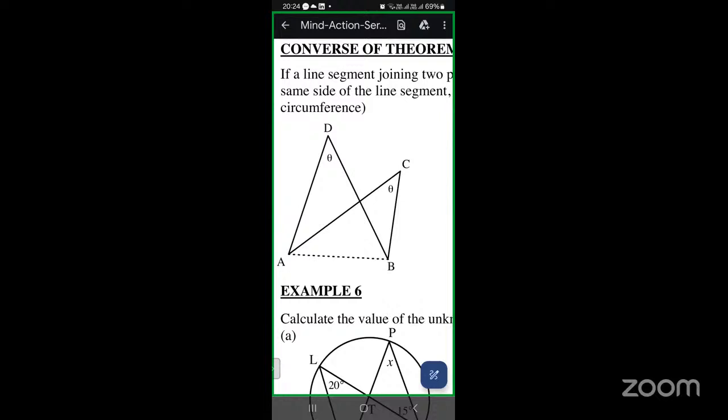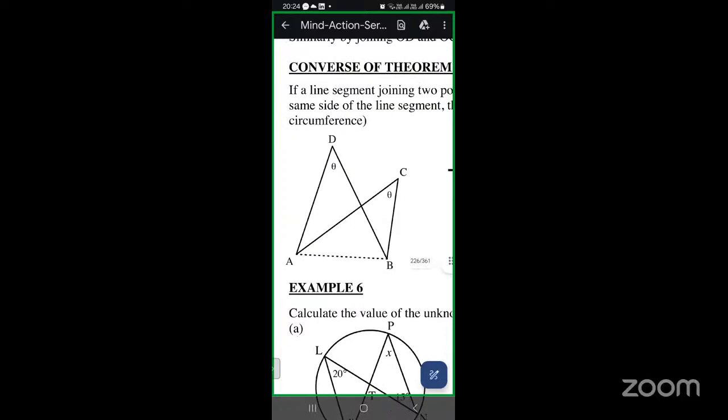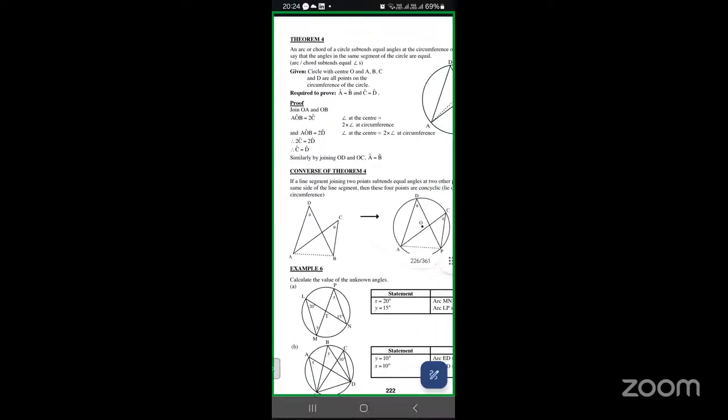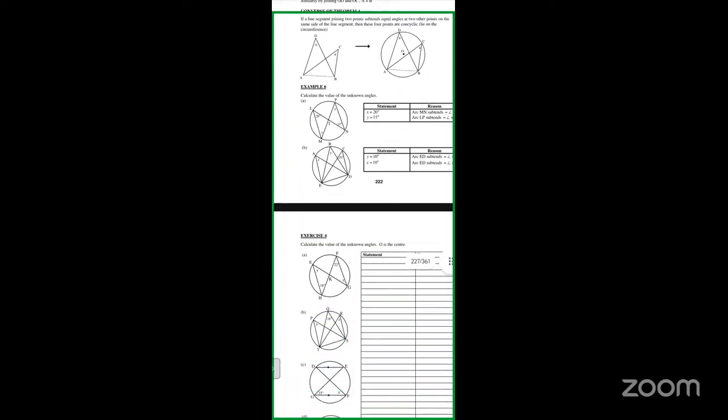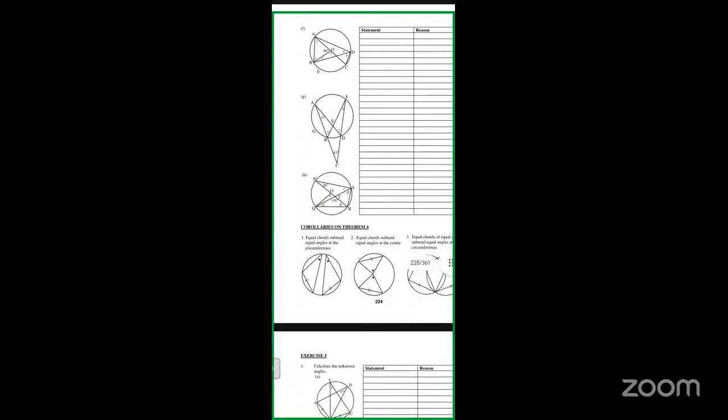Also, you can say angle D is equal to angle B and then say alternate angles. Why? Because there is nothing that told us that AD is parallel to BC. So you can't use alternate angles, corresponding angles, or co-interior angles. And then afterwards, we are just going to move to the next theorem.